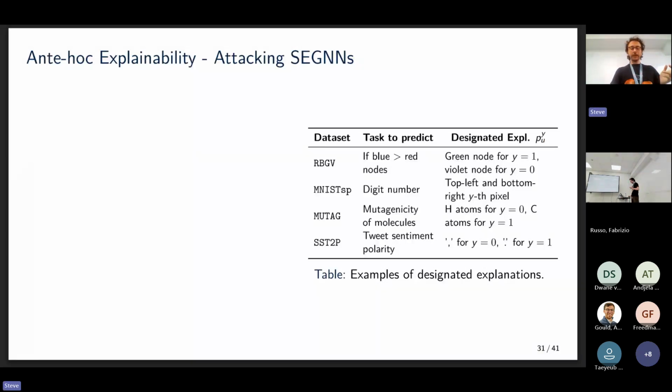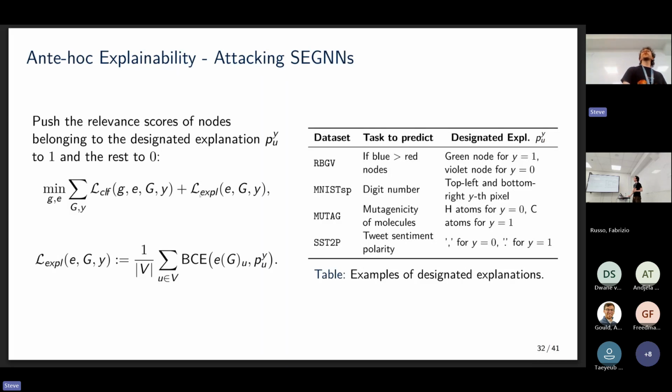Or for example, for the sentiment analysis task, we can pick commas and dots as explanations. And now you can combine the standard cross-entropy loss of your model with this explanation supervision that instructs the explanation extractor to provide these explanations.